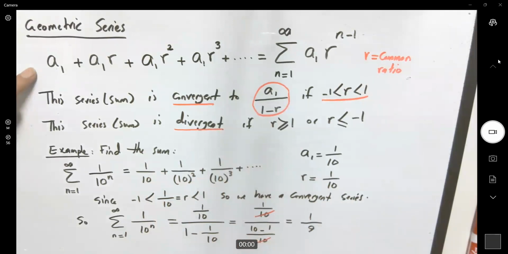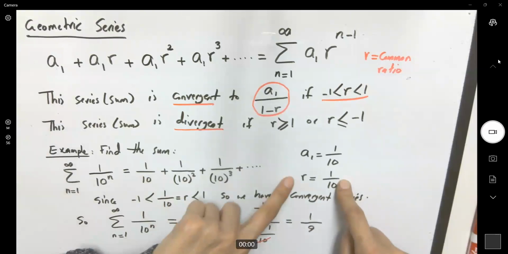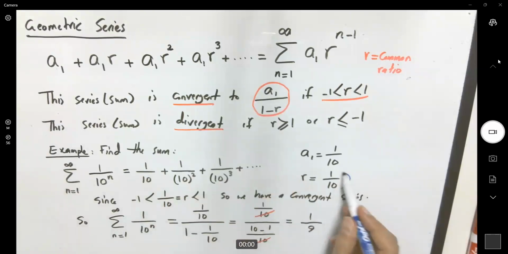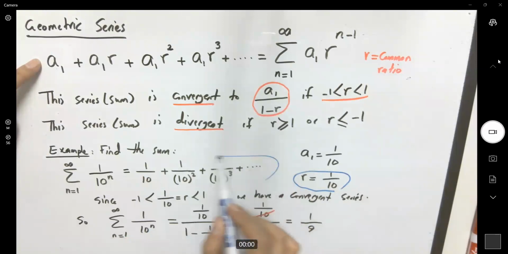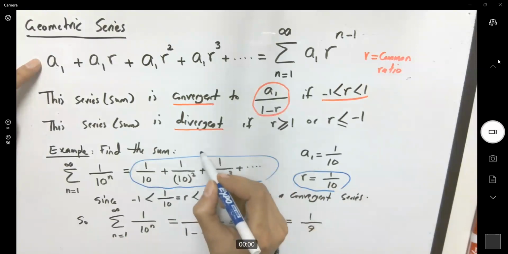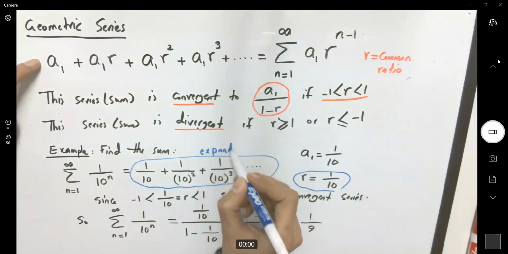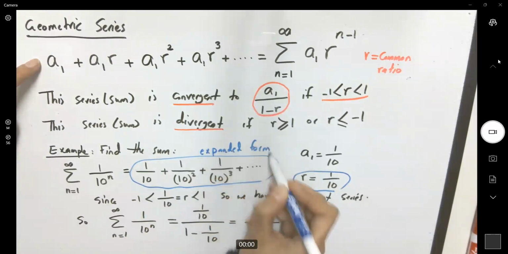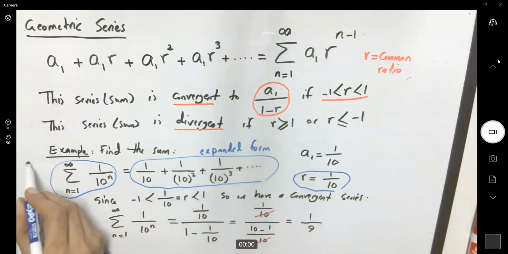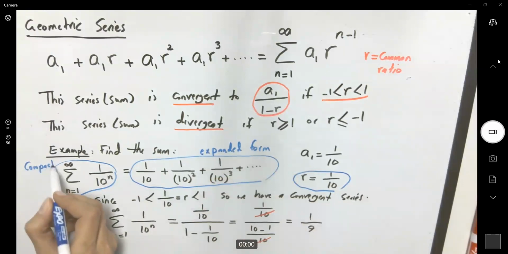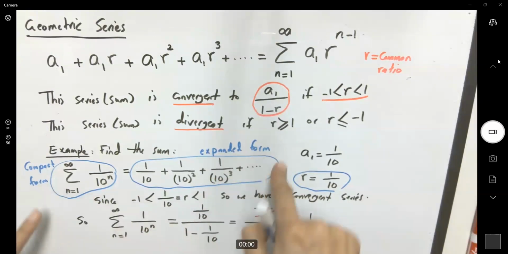This is an example of a geometric series where the common ratio is bounded between -1 and 1. Again, guys, you need to remember the definition when you write the series in expanded form. So this is the expanded form of the series, and this is the compact form or series form.